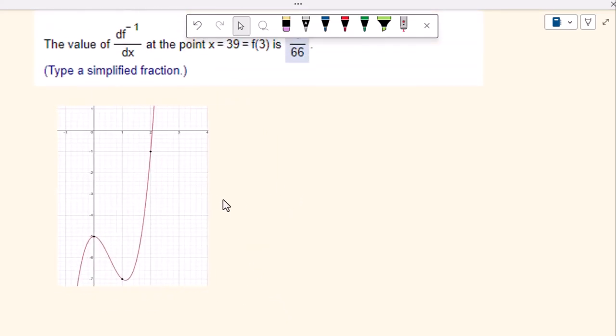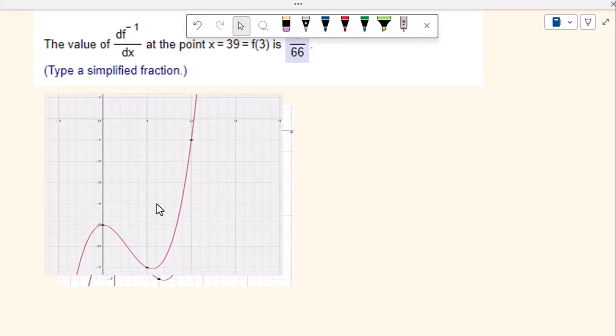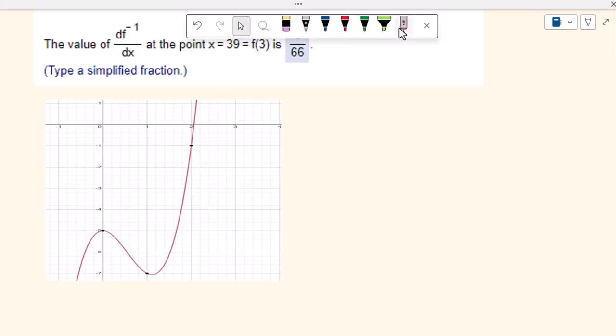But if you notice, this does not pass the horizontal line test. So right here is a big problem. It does not pass the horizontal line test, and even right down here a little bit it wouldn't. So what this restriction did is they said, I want to restrict this graph from 1.5. Here's 1, so 1.5 is right here.